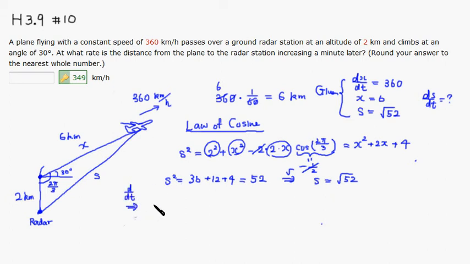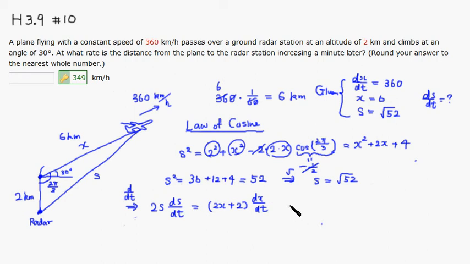You will get 2s times ds over dt, which is equal to the derivative of the right side, simply 2x plus 2, multiplied by dx over dt.